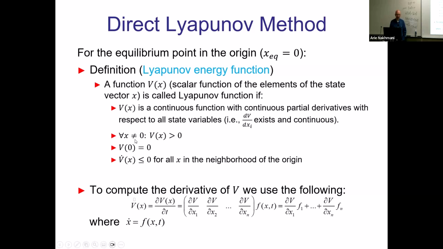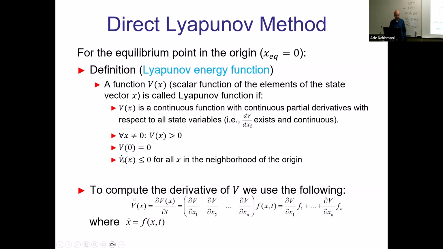So first of all, for all x's not equal to 0, attention to that thing, this function is positive as a function of x. Okay, v of 0 equals 0, similar to a norm. Okay, but here you have an additional property, which is not a property of a norm. The derivative, and pay attention to this, is a scalar function, right?